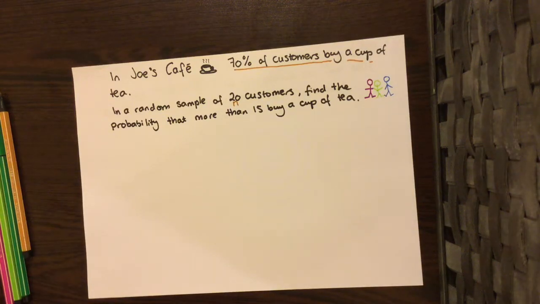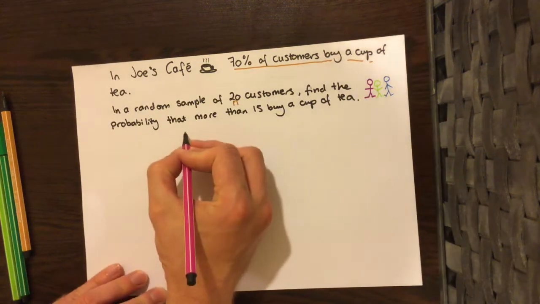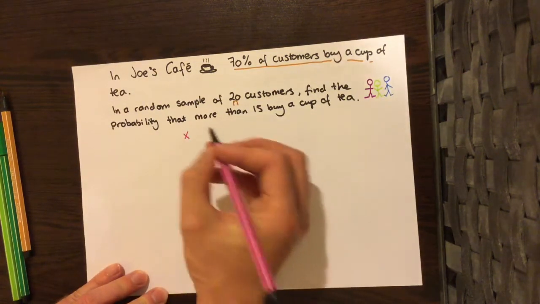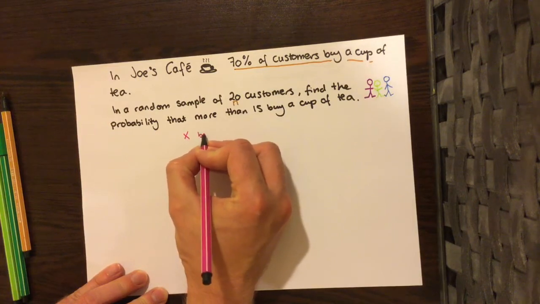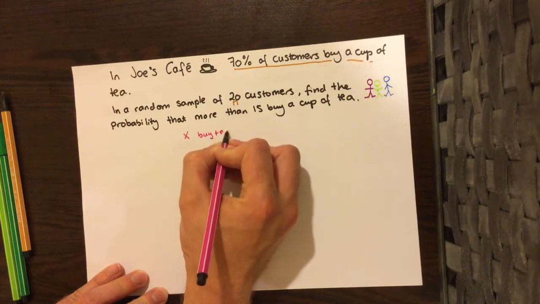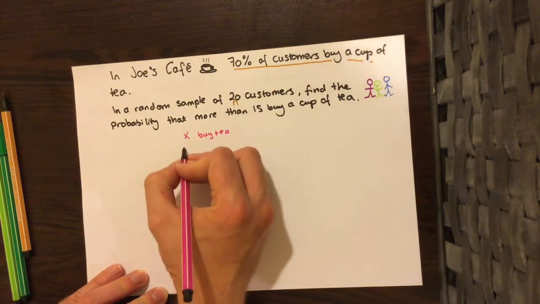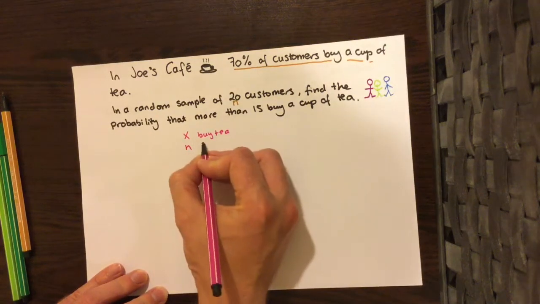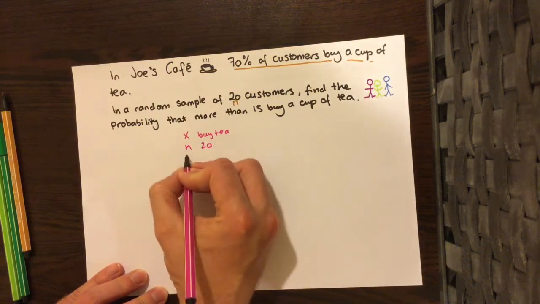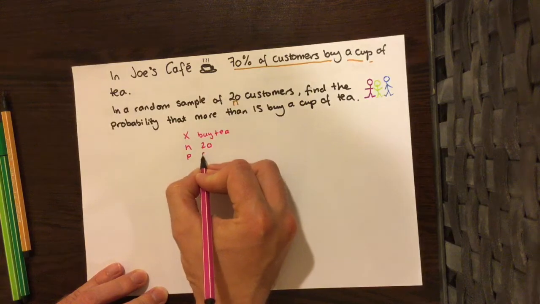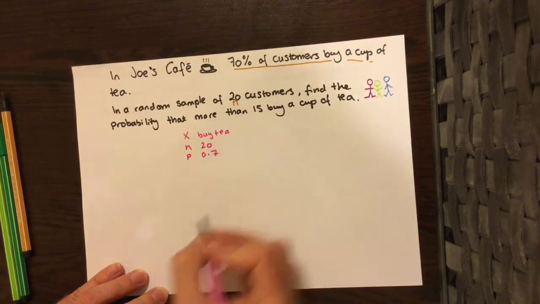Now, in our distribution, we're going to define X as people who buy tea. Our N is going to be 20 customers, and our probability is 0.7.